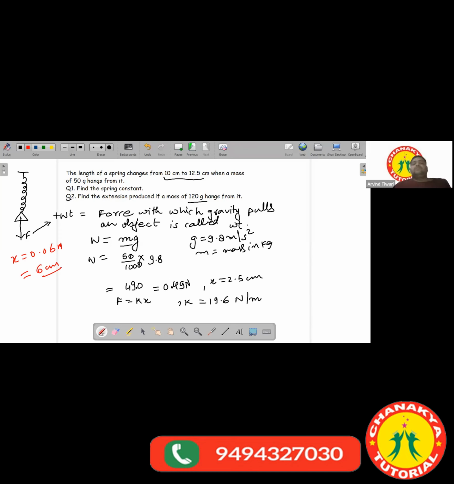Once you get the weight, you can use Hooke's law, F equals kx, where F is the force, k is the spring constant, and x is the extension produced. This is all that you have to know over here.